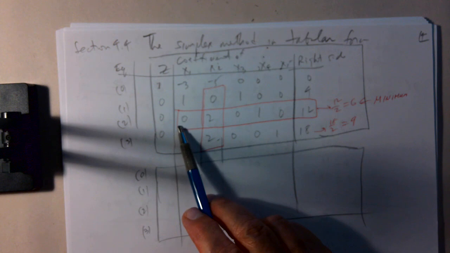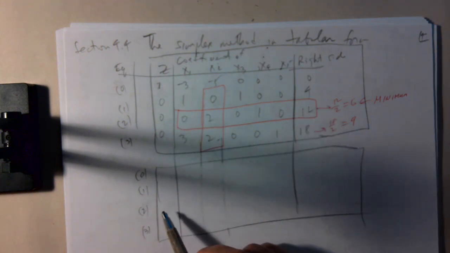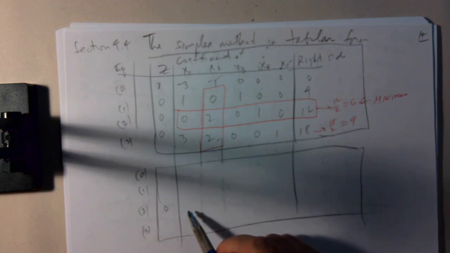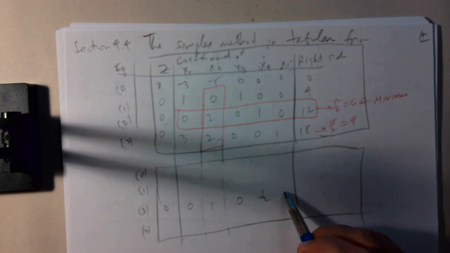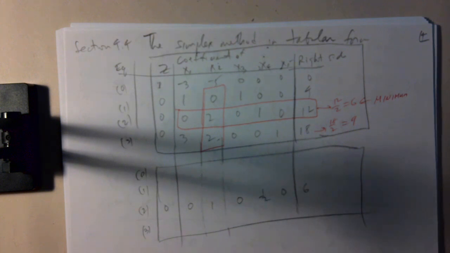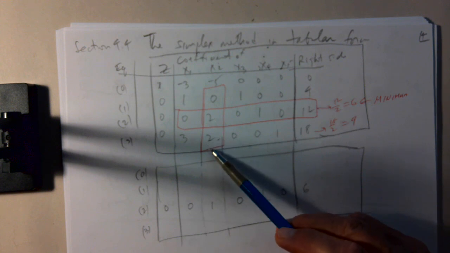So in equation 2, I multiply by a half. So I get 0, 1, 0, a half, 0, 6. And then I want to get a 0 here in row 3.